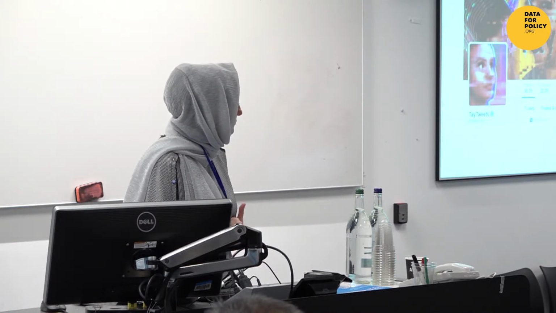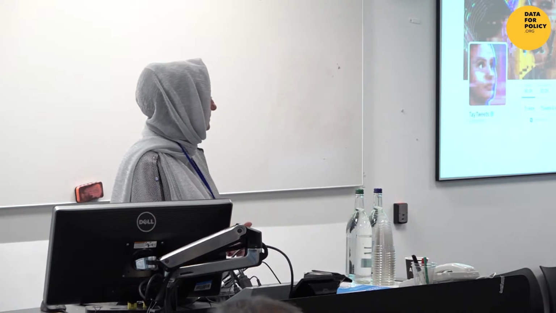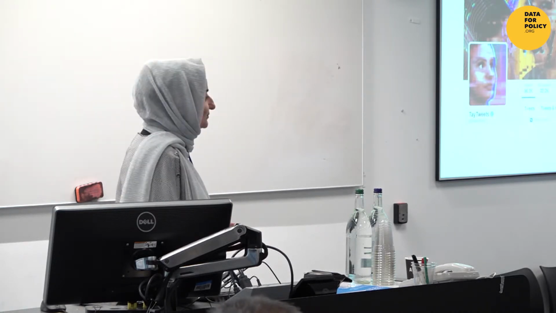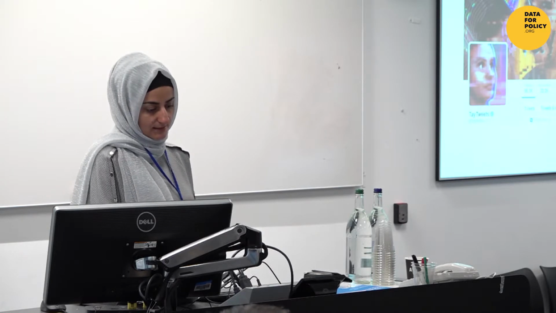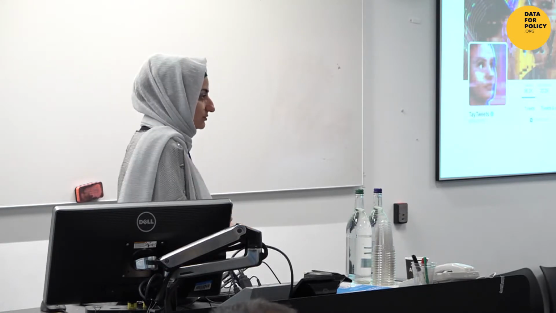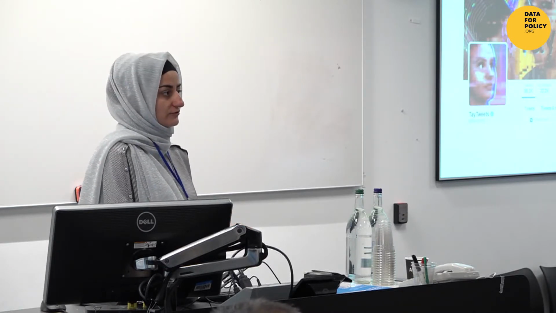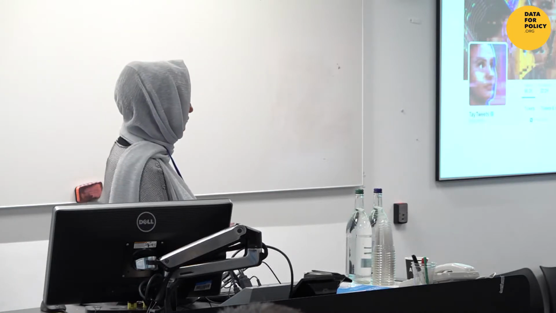For those who are not familiar with the experiment, Microsoft launched Tay, which was supposed to behave like a 19-year-old American girl on Twitter and learn from interactions with Twitter users.